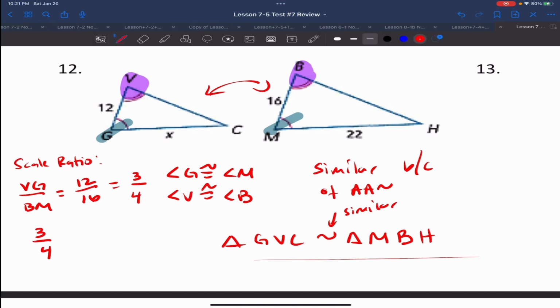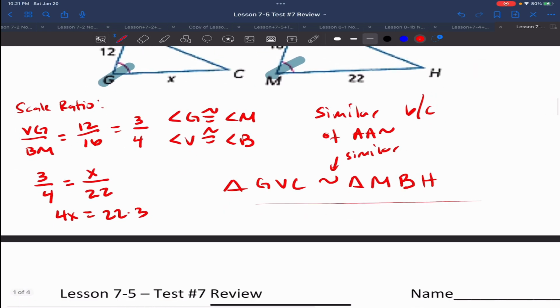So I want to equal that to X, which came from the figure with 12, and I'm going to put that over 22. So 4X is equal to 22 times 3.